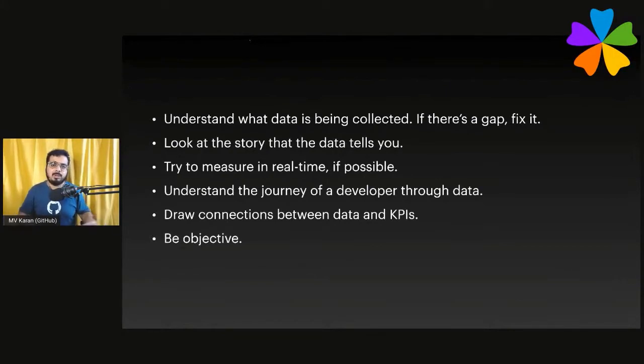So it's not just about what campaign or program you're running, but what data are you collecting specific to the developer, or specific to the product, or specific to some of the other intelligence that you would need around the user, etc. Whatever it be, understand what is being collected first, and then if you find there's a gap, try to fix it, get that data.